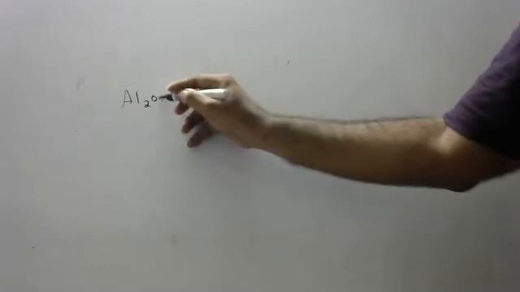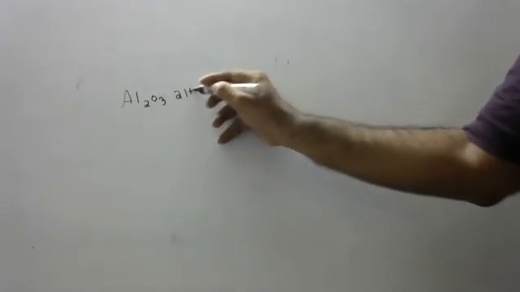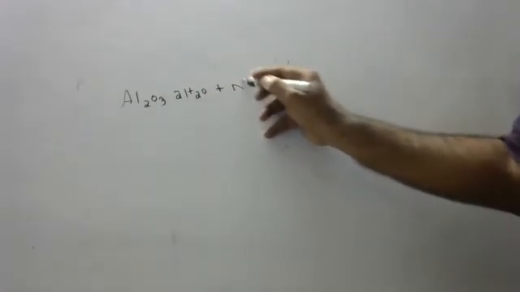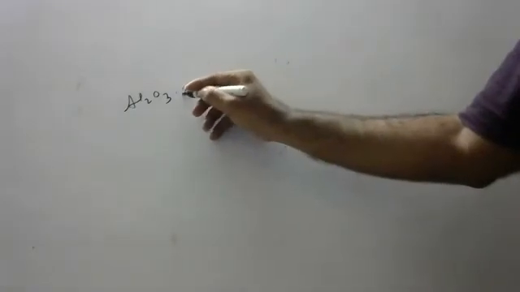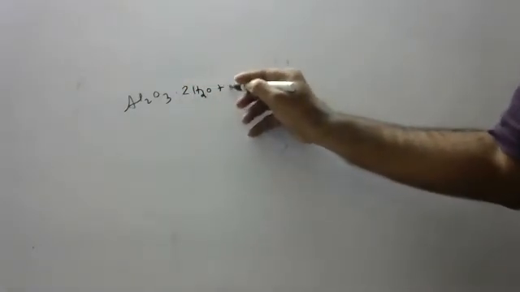First they will take alumina, Al2O3. Don't get confused, alumina is Al2O3. To this alumina, 2H2O, they add caustic soda, NaOH.